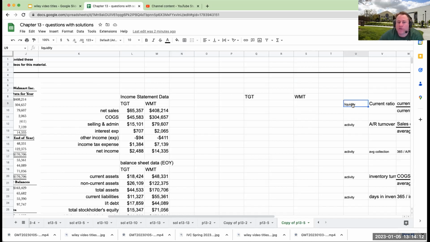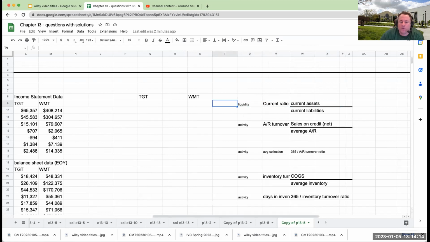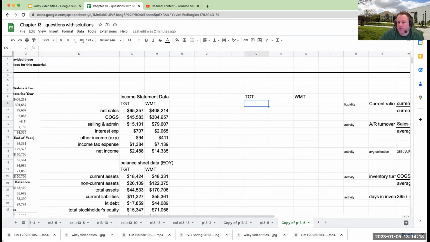Okay, so current ratio for Target. My current ratio is going to be my current assets, 18,424, divided by my current liabilities, 11,327. So for Target, the current ratio is going to be 1.62.